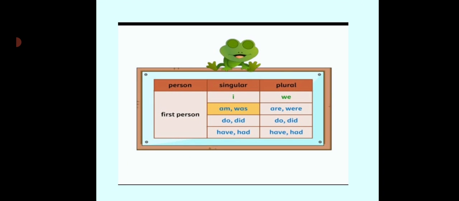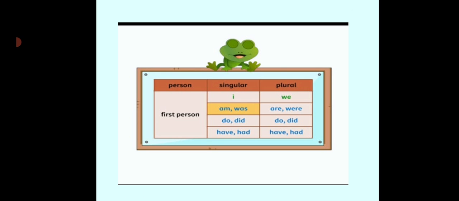So my students, next it is very important that we should know the table of persons: first person, second person, and third person. Already we have studied this in the previous classes. In the first person, singular and plural, how should we use primary auxiliaries?